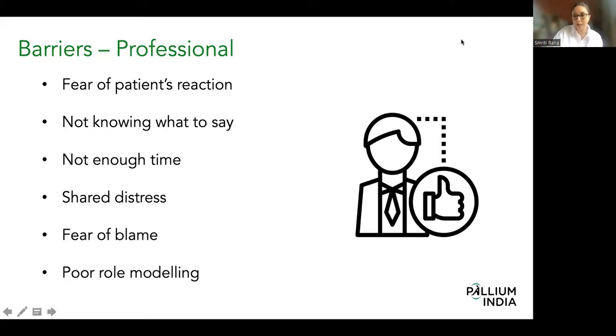And poor role modeling. Many of us healthcare providers did not have proper role models. Some of us, of course, had excellent role models, but a lot of people have had seniors and role models who've been very gruff, who've not demonstrated empathy when it comes to patients and families, who belong to that school of thought where the doctor has that God complex, and there is a dynamic in terms of power structure.